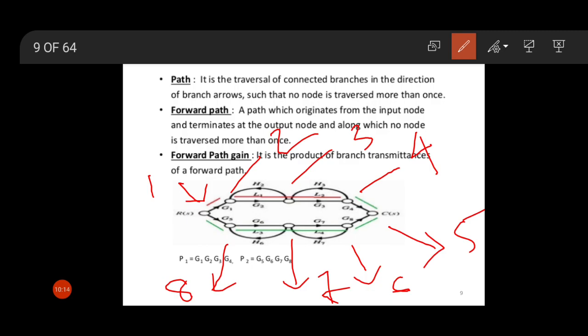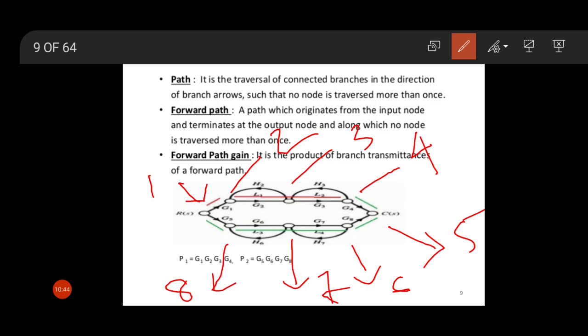So here node 1 to 2 is connected by this branch, and the transmittance is G1. Node 2 and 3 are connected by this branch, and the transmittance is G2. Node 3 to 4 is connected by this branch, and the transmittance of this line is G3.